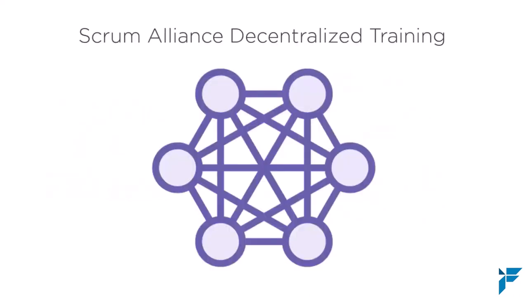Scrum Alliance takes a decentralized approach when it comes to how their trainers deliver their training service. All Scrum Alliance trainers align their training to the values and principles of Agile and to the official Scrum Guide, but exactly how they do that and what points they may choose to emphasize is left up to individual trainers.